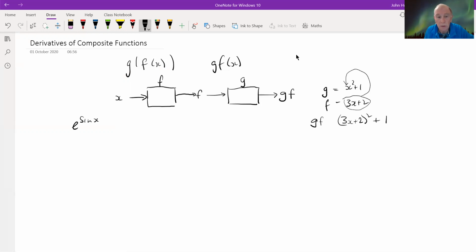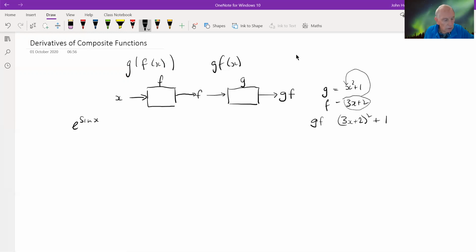So sine would be your f, and e would be your g. So that's how that works. So let's think about what we would have to do if we wanted to differentiate this, if we wanted to find its derivative.